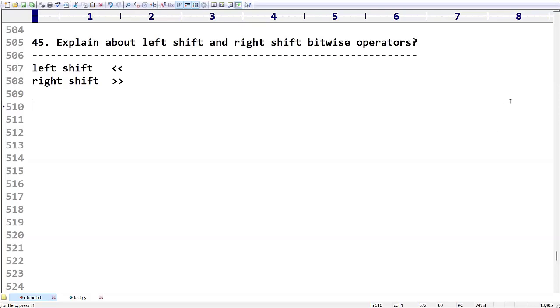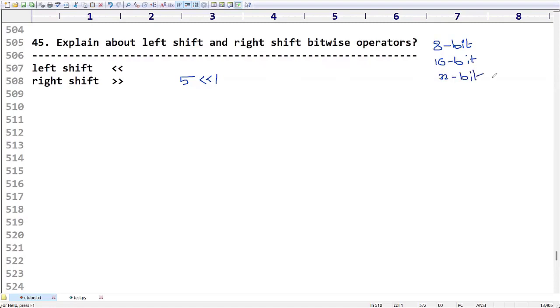Let me demonstrate by taking a simple example. Suppose I take the number 5 and I want to do left shift with 1, which means I want to shift one bit towards the left direction. Since it is about shifting of bits, you need to take binary numbers in 8-bit, 16-bit or 32-bit format.